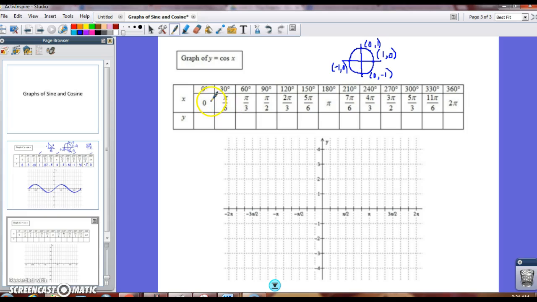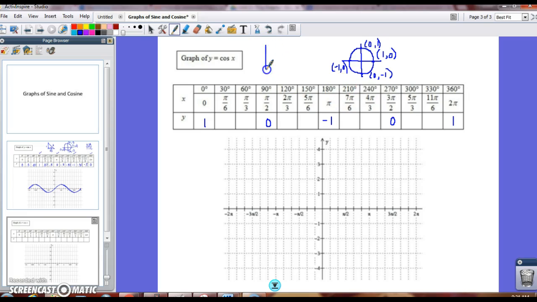So, at 0 degrees, the cosine is 1, right, because I'm using the x-coordinates. At pi over 2, cosine is 0. At pi, cosine is negative 1. At 3 pi over 2, cosine is 0. And at 2 pi, we are back at 1. Okay, so those are our quadrantal angles.